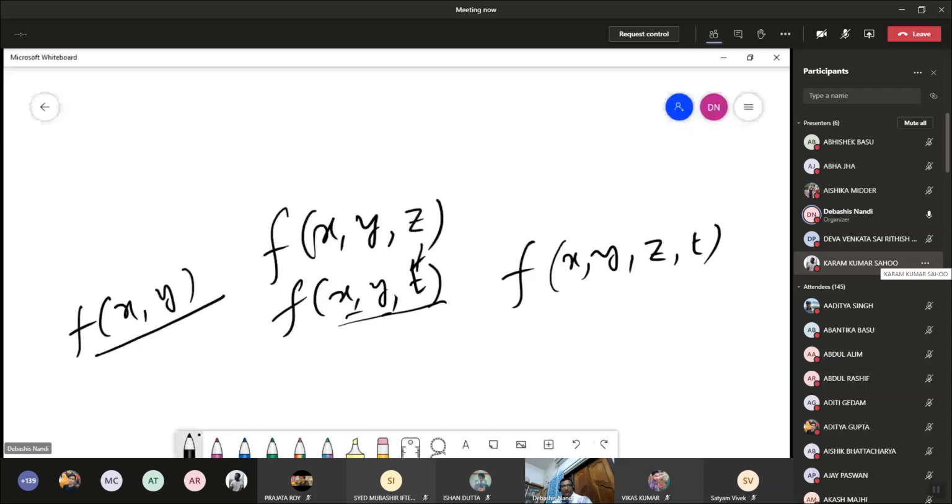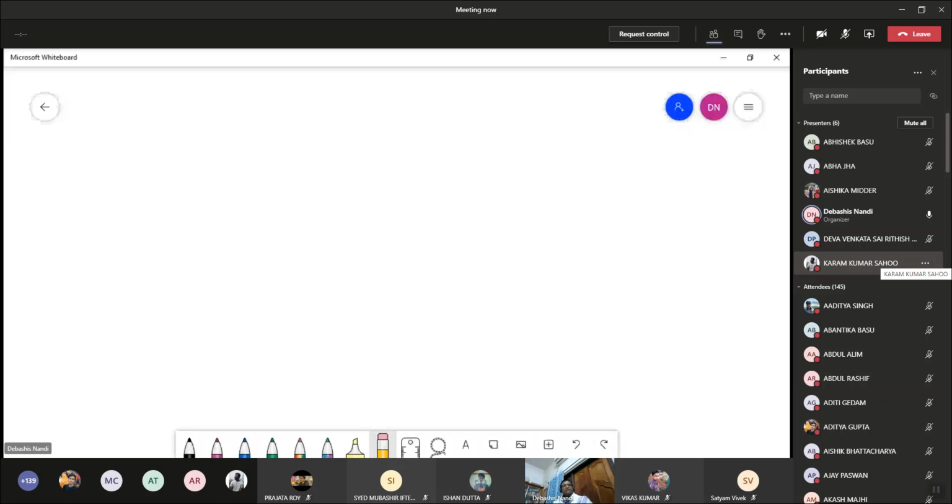So these are 1-dimensional, 2-dimensional, and 3-dimensional signals. Next day I will try to classify different types of signals, and then I will give some examples.